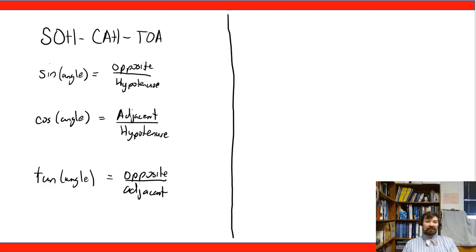Okay, one last little factoid, if you will, is that if you know the lengths of the sides and you're trying to figure out the angle, then on your calculator, the button to get from a cosine to an angle or from a sine to an angle is called arc sine and arc cosine. So arc sine is represented usually as the sine minus 1 button. Arc cosine is represented by the cosine negative 1 button.